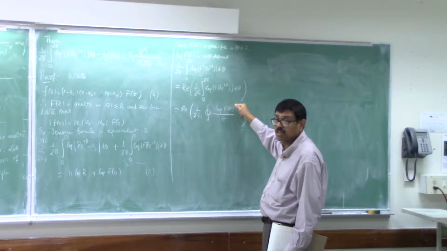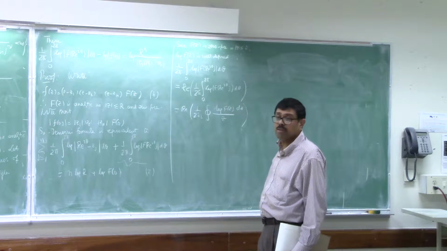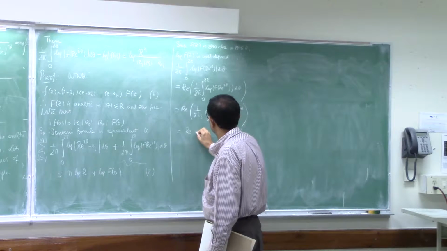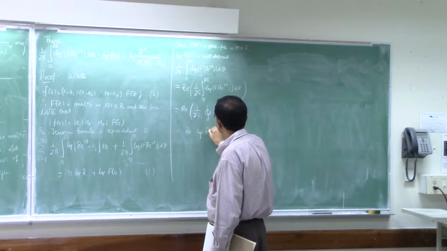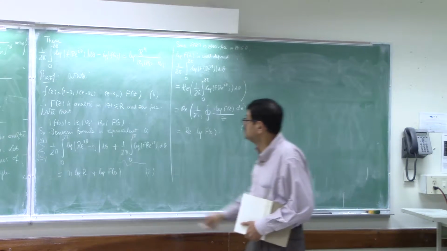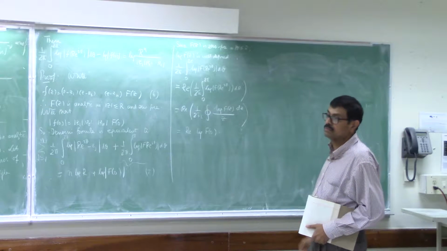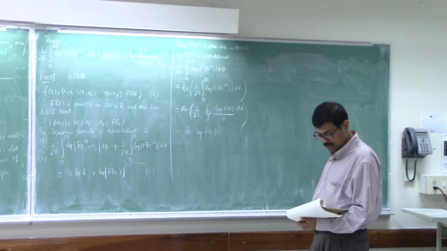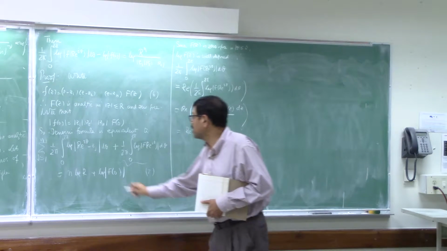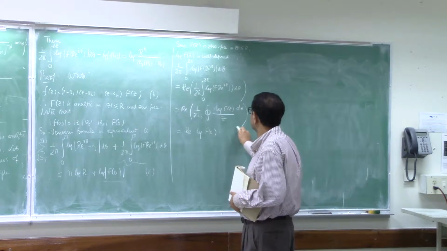That cancels, gives me an I at the top, cancels this I, and I get this. But now I can use Cauchy's theorem on this, and this is going to be the real part of the logarithm of f of 0. Right? So that gives you this part, by Cauchy's theorem.